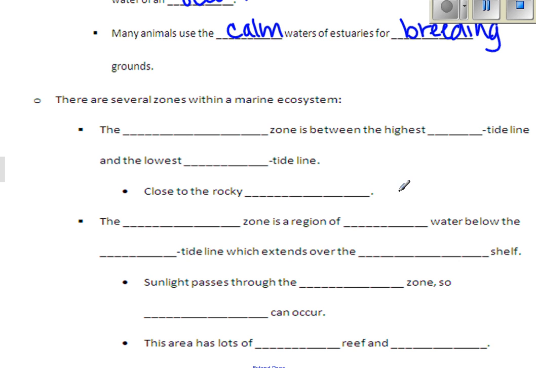Now, the intertidal zone is between the highest high tide line and the lowest low tide line.